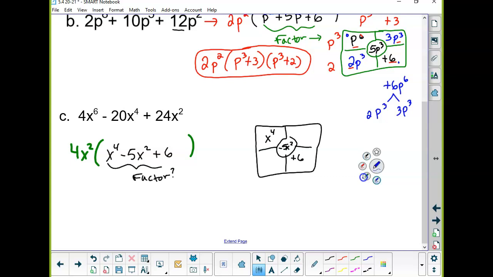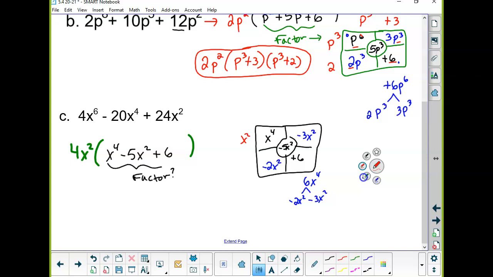So what do we do? We multiply the corners, and I'm looking for factors of positive 6 that add up to give me negative 5. Negative 2 and negative 3. But then x to the 4th would be split up as an x squared and an x squared. And then if I factor across the top, each top piece has an x squared in common.